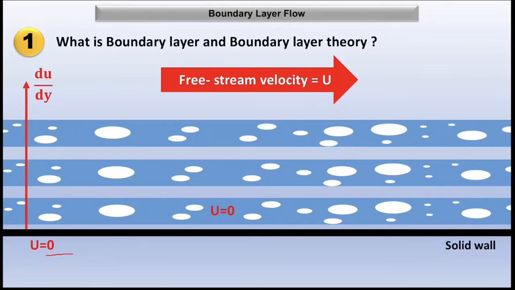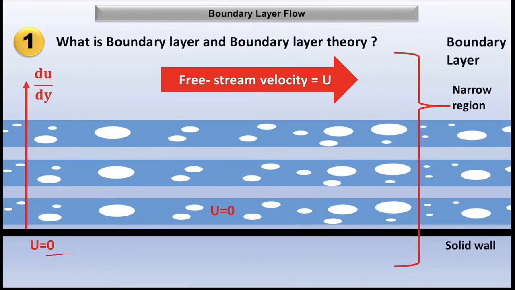This variation of the velocity from 0 to free stream velocity in the direction normal to the boundary takes place in a very narrow region of the boundary. See, the entire variation of the velocity is taking place in the very narrow region of the boundary, and this narrow region is called the boundary layer. Got it? And this boundary layer we are going to study in this video.